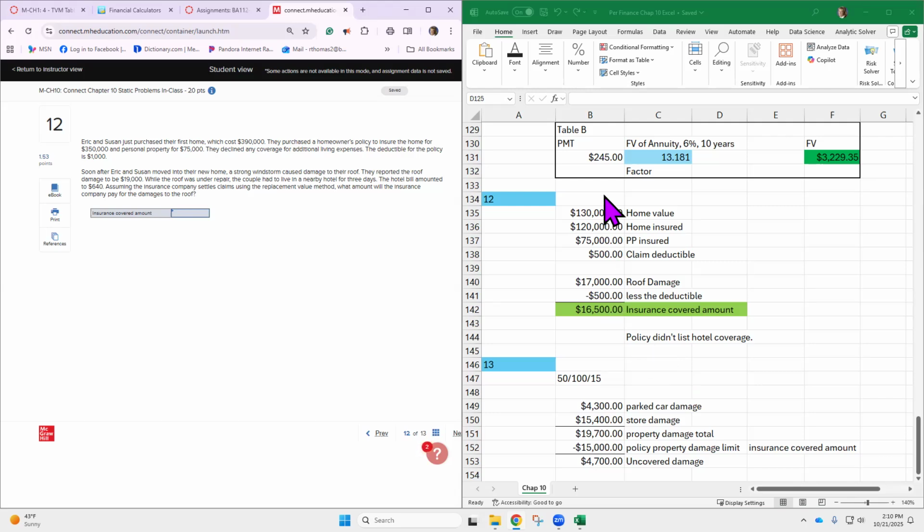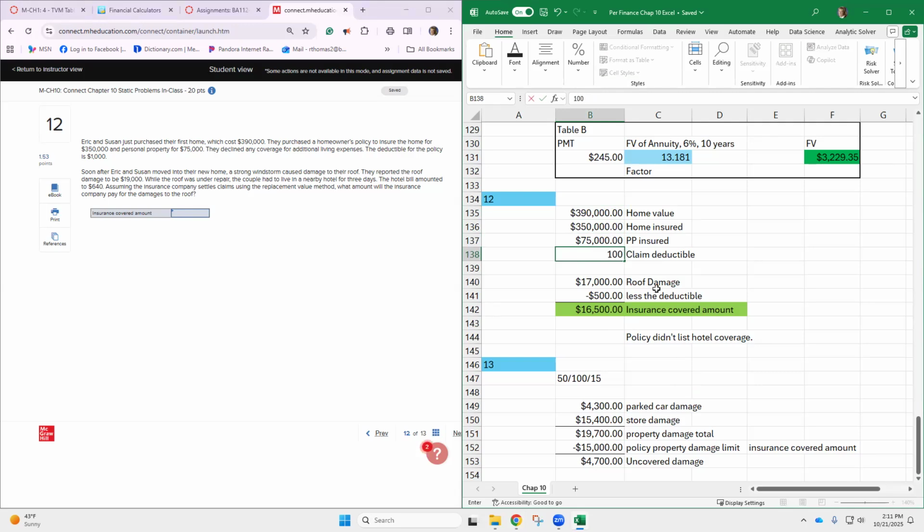So let's put down what's going on here. So the home value, $390,000. It's insured for $350,000. Personal property is insured for $75,000.